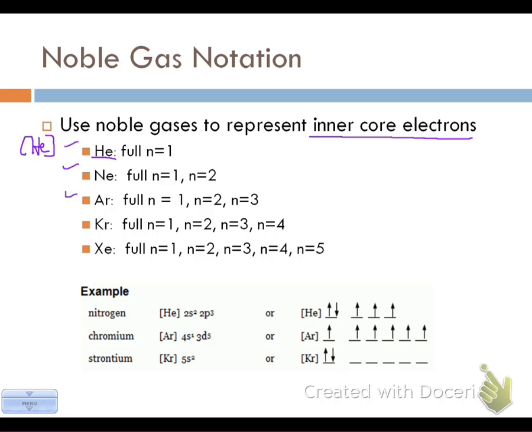If it's a row 3 element, like aluminum or magnesium or chlorine, we'll start out with neon in brackets, where neon represents full row 1 and row 2, and so on. If you're on row 5, 1, 2, 3, 4, 5, then you would use krypton to represent full rows 1 through 4. You'll love it, I promise.